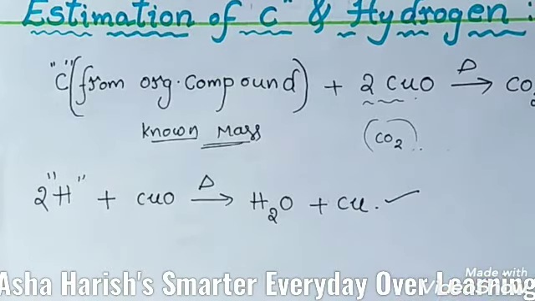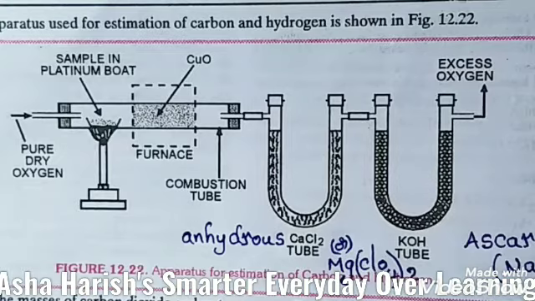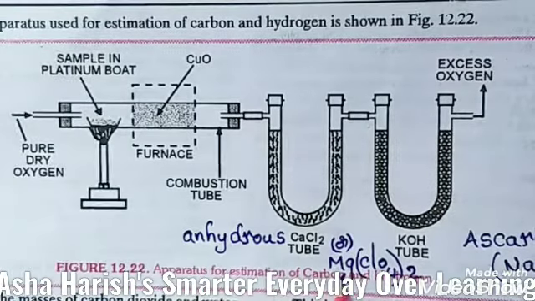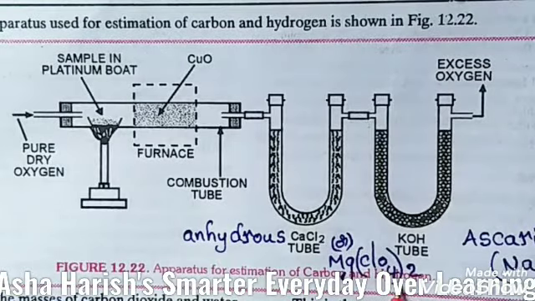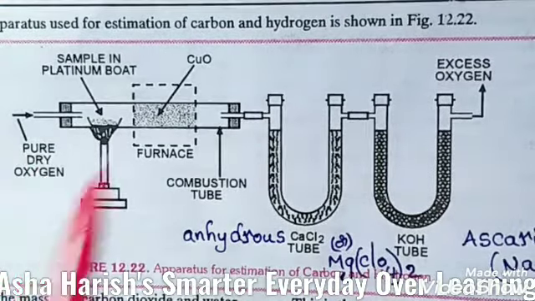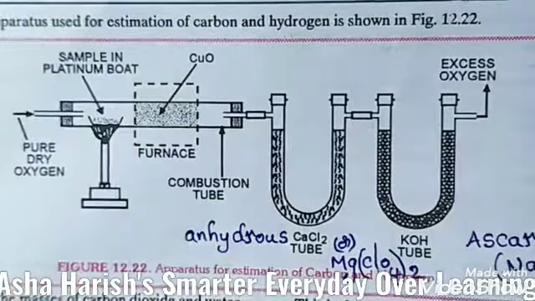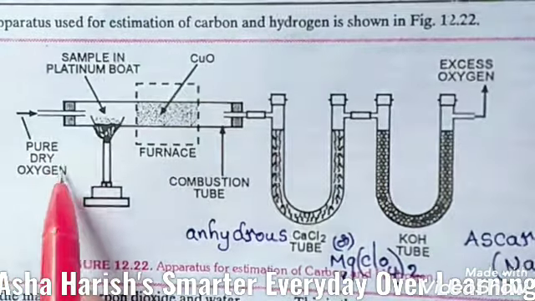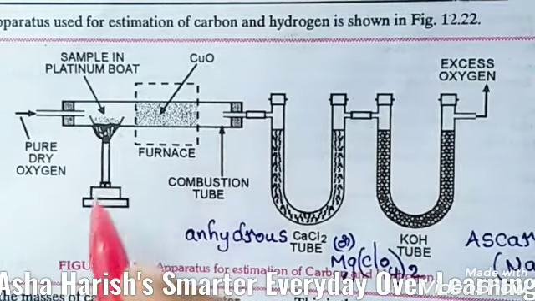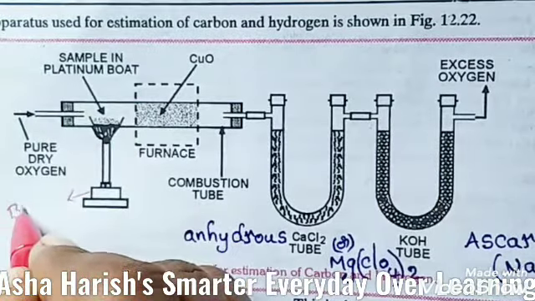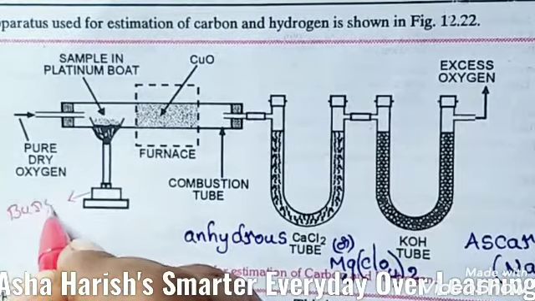Here you have the important apparatus for estimation of carbon and hydrogen. Here you can see the pure dry oxygen inlet. Through this small narrow tube you have to add pure and dry oxygen. Here is the Bunsen burner, or instead of this you can take any spirit lamp, no problem.